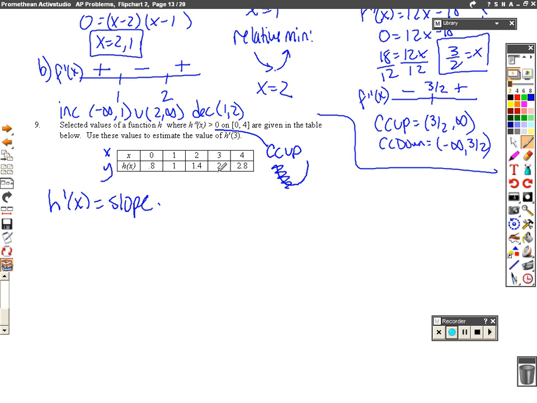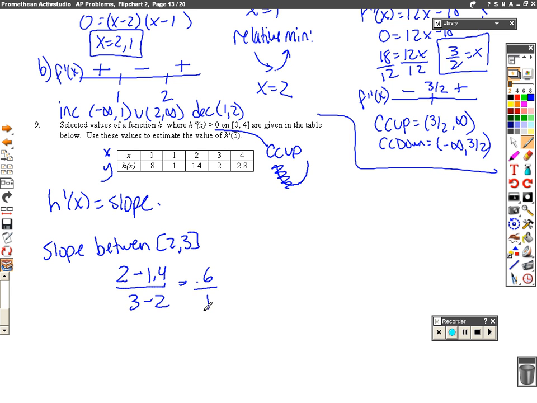So that's what I'm going to do. So I'm going to find the slope between 2 and 3 by just using the old method, y2 minus y1 over x2 minus x1. 2 minus 1.4 is 0.6 over 1, so that's just 0.6.